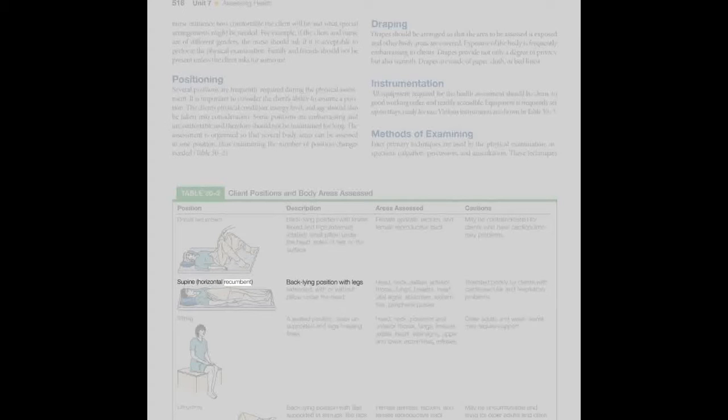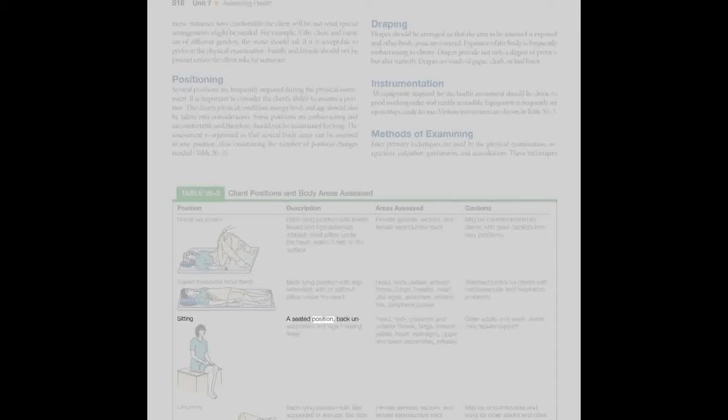Supine, horizontal recumbent: back lying position with legs extended, with or without pillow under the head. Head, neck, axilla, anterior thorax, lungs, breasts, heart, vital signs, abdomen, extremities, peripheral pulses. Tolerated poorly by clients with cardiovascular and respiratory problems.